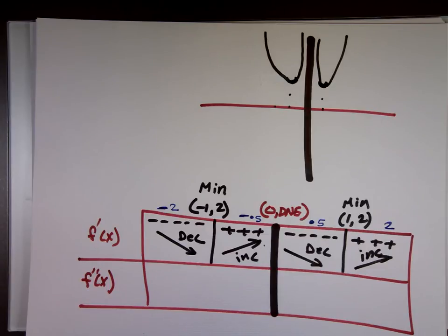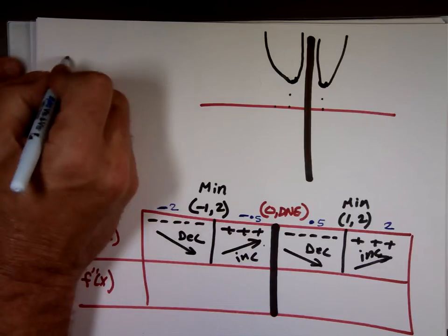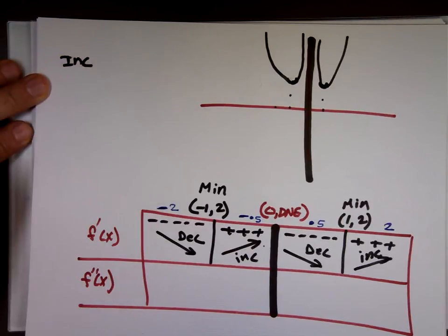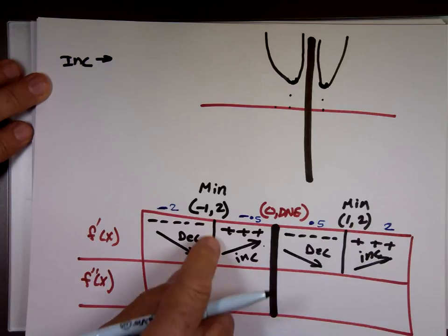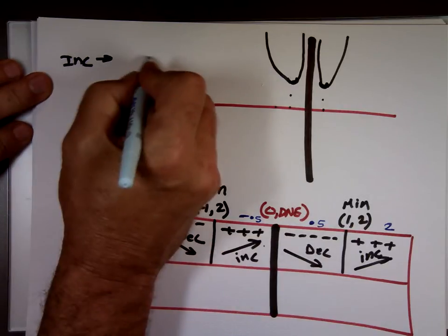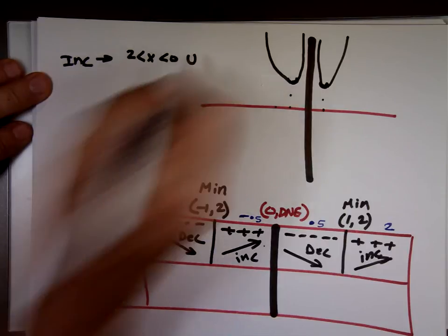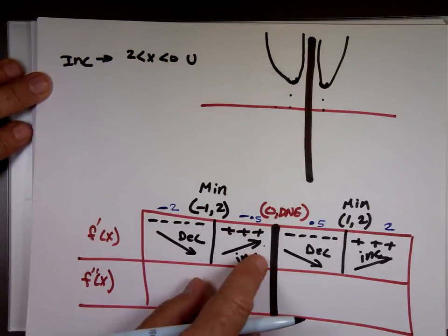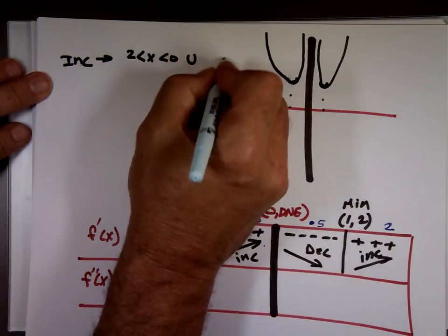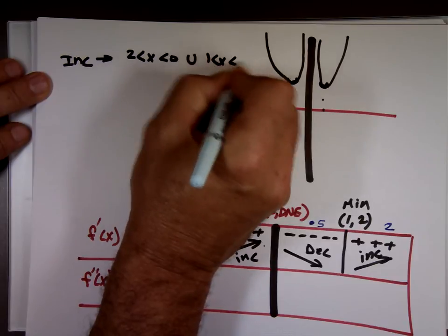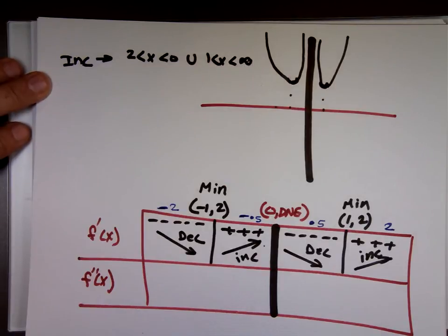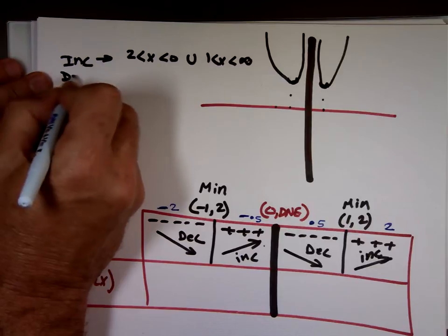So where's the function increasing? Increasing from greater than 2, less than 0. Add to it. From where? 1 to infinity. Decreasing from negative infinity to negative 1.